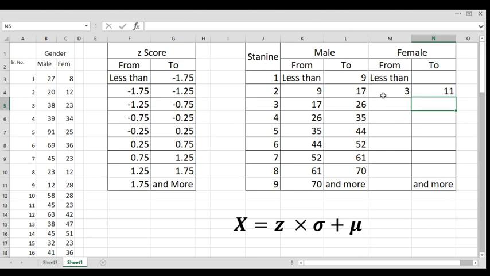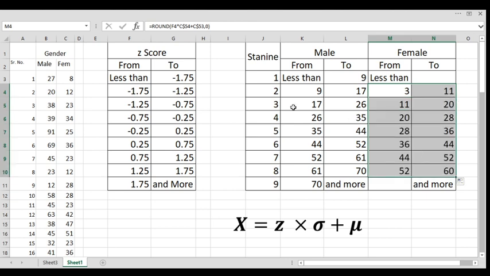Now, for the remaining stenines 3, 4, 5, 6, 7 and 8, we just select these two cells, M4 and M5. We bring this cursor over the tiny square at the lower right side, and when it is converted into a plus sign, we double click there.